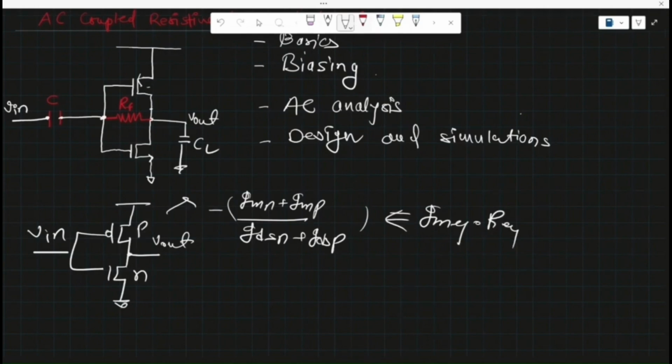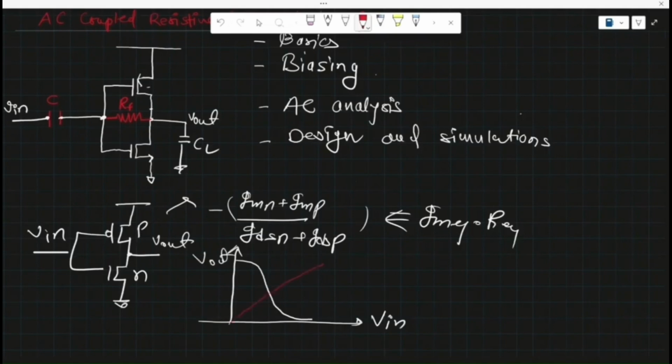Now, if we plot the curve of input and output, which kind of relation do we expect? Let me show you. On the x-axis we have V input, on the y-axis we have V out. If we draw a line like this, where V input equals V output, we'll find that this is the optimal biasing point.